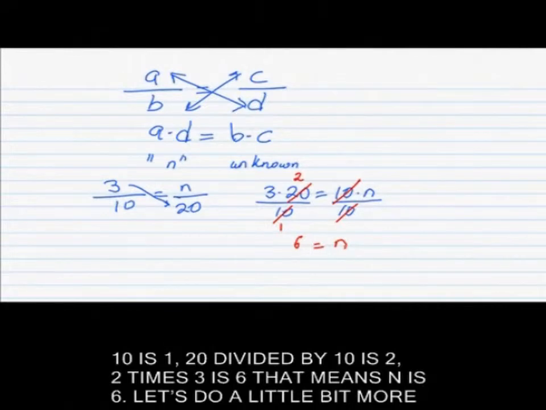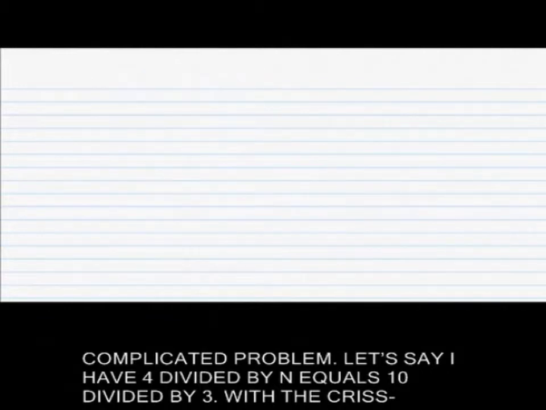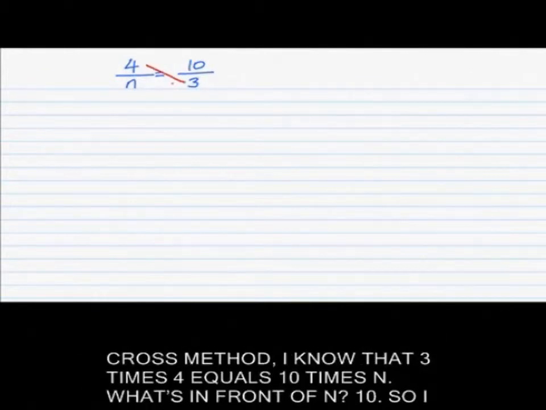Let's do a little bit more complicated problem. Let's say I have 4 divided by n equals 10 divided by 3. With the crisscross method, I know that 3 times 4 equals 10 times n.